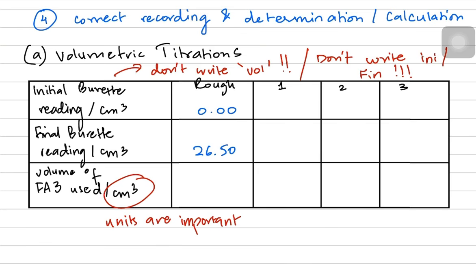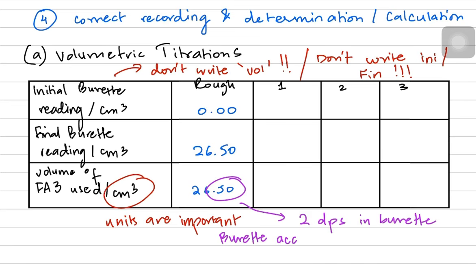When you're putting the values for titration, don't forget to put your values to 2 decimal places, because that is the accuracy of the burette. So 2 decimal places in all burette readings is compulsory. It's very important, because burettes are accurate to 0.05 centimeter cube, which means you can measure 0.05 minimum volume from it.